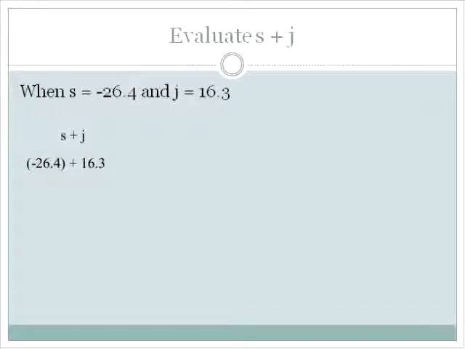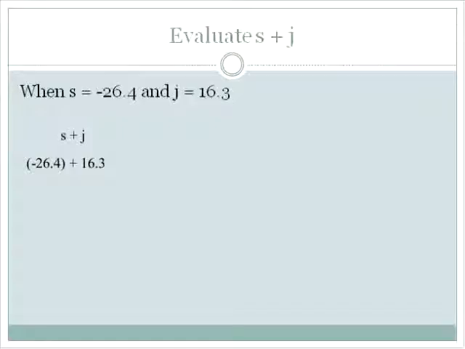Now, looking at these two numbers, we can say again the greater absolute value is 26.4. That means the total is going to have that sign, so it will be a negative sign. If the greater absolute value were positive, it would have a positive sign at the end.